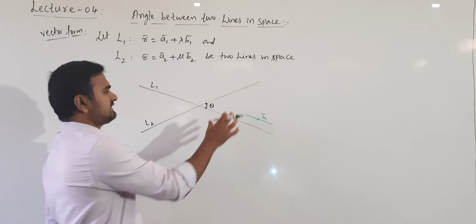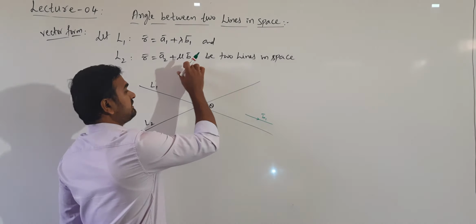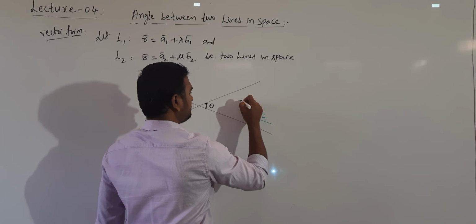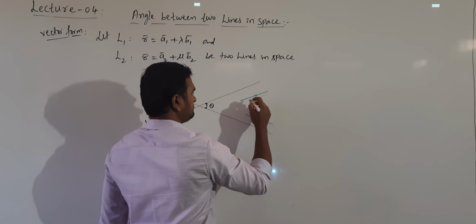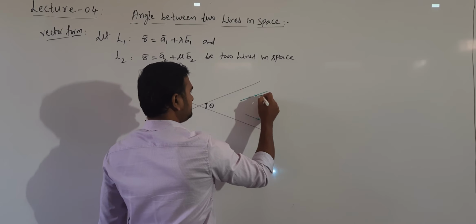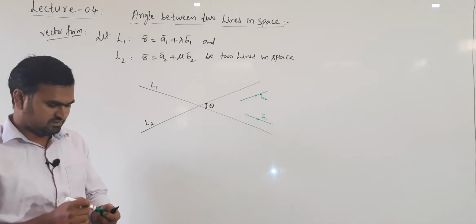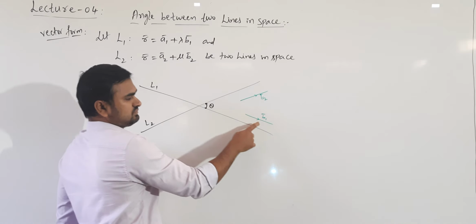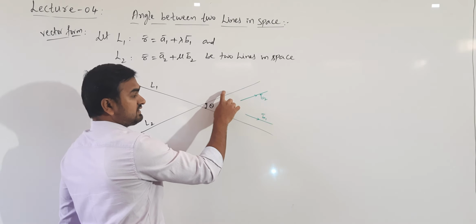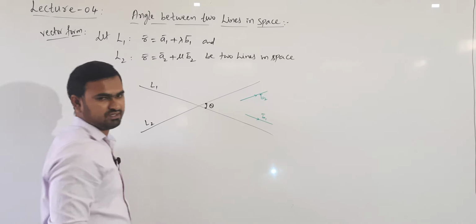The second line is parallel to vector b2 bar, so I can draw the parallel vector to line L2, it is b2 bar. So the first line is parallel to b1 bar and the second line is parallel to b2 bar.